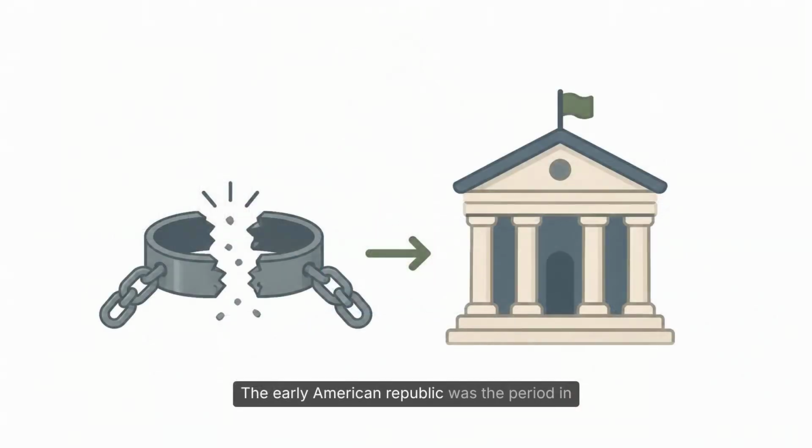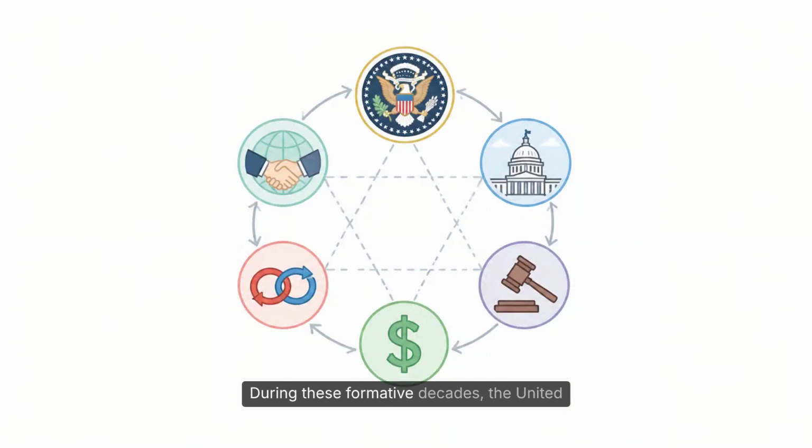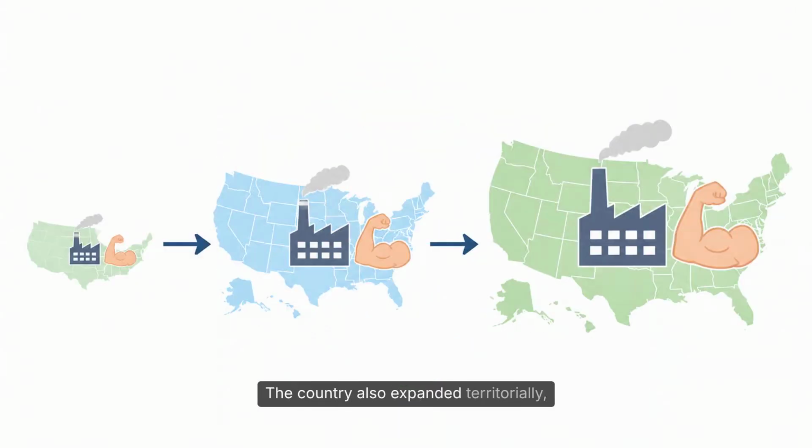The early American Republic was the period in which the ideals of the Revolution were transformed into functioning political institutions. During these formative decades, the United States established its presidency, Congress, judiciary, financial system, political parties, diplomatic principles, and mechanisms for peaceful political transition. The country also expanded territorially, developed economically, and cultivated a stronger sense of national identity.